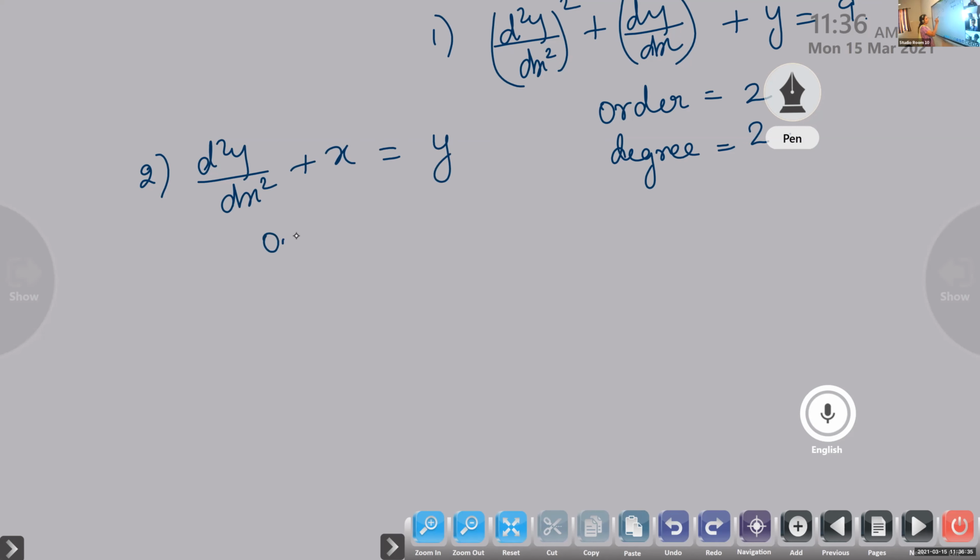What is the order and what is the degree? Order is 2. What is the power of this derivative? 1. So order is 2, degree is 1.